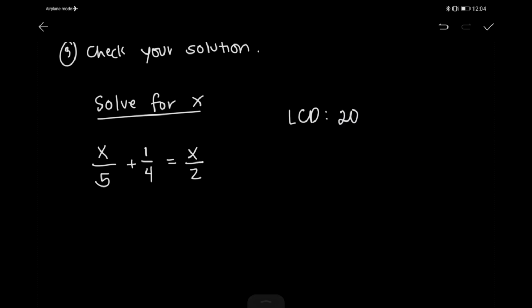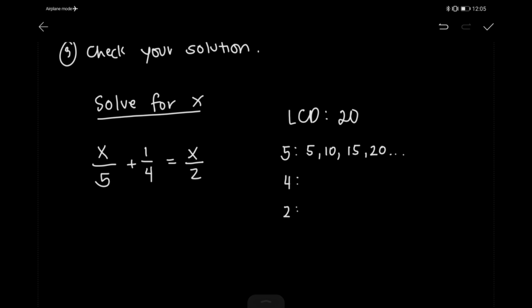But just in case you forgot how to find the LCD, what you are going to do is find the multiples of your denominators, the 5, the 4, and the 2. The multiples of 5 are 5, 10, 15, 20, and so on.